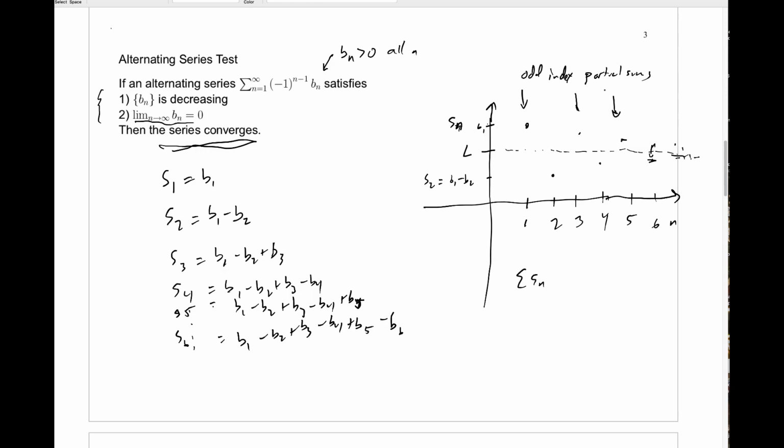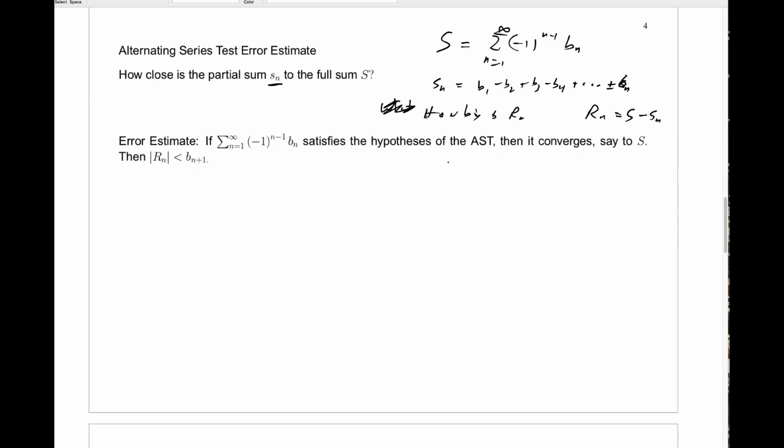So I'm going to flip back here. You'll see that when you have a series that satisfies the alternating series test hypotheses, this number L, which is actually the same thing that I've been calling capital S, so I'll call it S instead, the even partial sums stay below S, the odd partial sums stay above S. But just a single term, whether you subtract it from an odd partial sum or you're adding a positive number to the even partial sum, a single term jumps you across the actual value of the series S. What does that mean here?